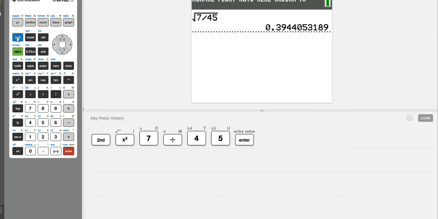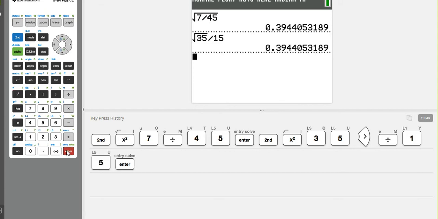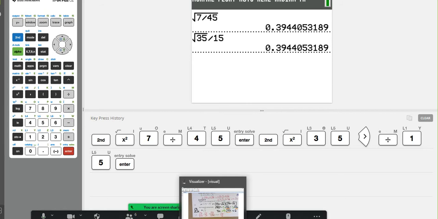On the other hand, I'll do square root of 35. And then the way my calculator works, I've got to exit the radical and then divide by 15. And I'm hoping I get the same numerical value exactly. And I do. So at that point, you can at least feel that you did something correctly. Hopefully it's the right thing all the way.